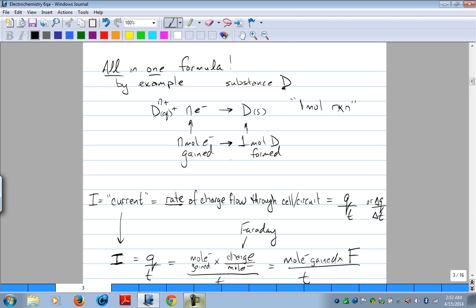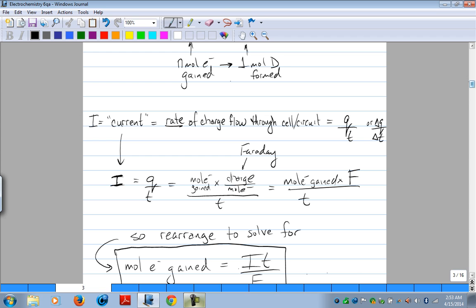So we have some generic substance D and D cations with an n+ charge will have to gain n moles of electrons to form 1 mole of reduced D per mole of reaction. So let's look at the current, the rate of charge flow through the cell or circuit. That's going to be the amount of charge per time. Q is the symbol for charge, Q per t, or delta Q over delta t, either way.